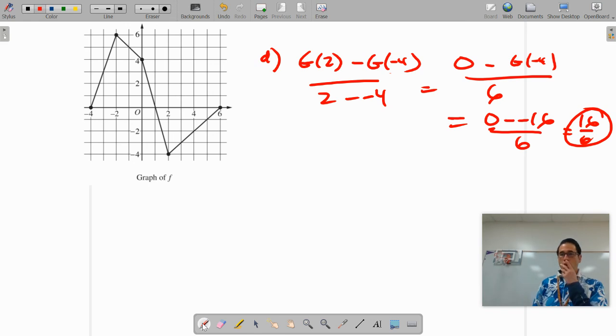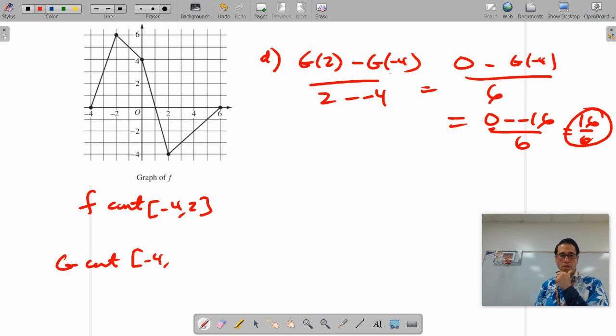The only thing they give me at the beginning is that F is continuous on the closed interval from negative 2. And we have to speak about G being continuous on the closed and differentiable on the open.